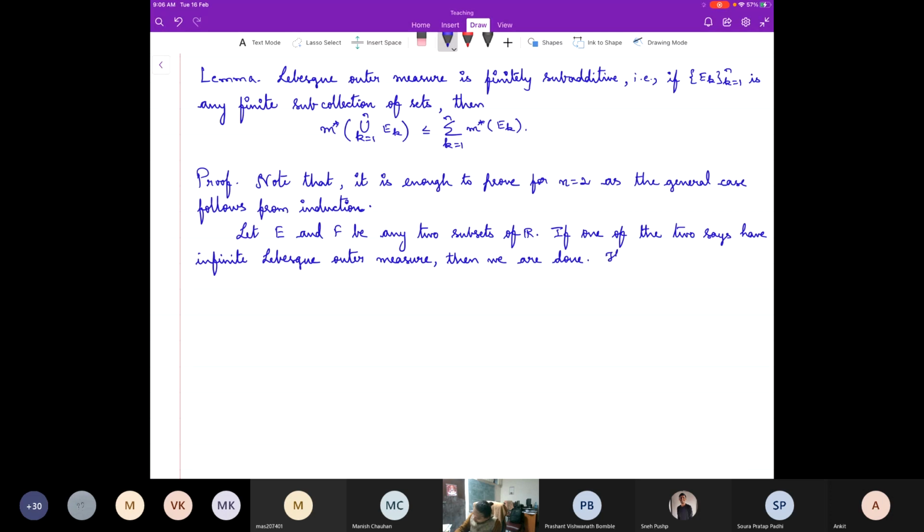Therefore, we shall assume that both the sets E and F have finite Lebesgue outer measure.